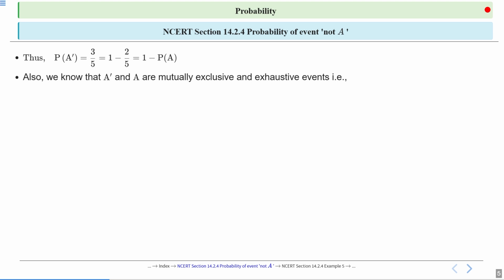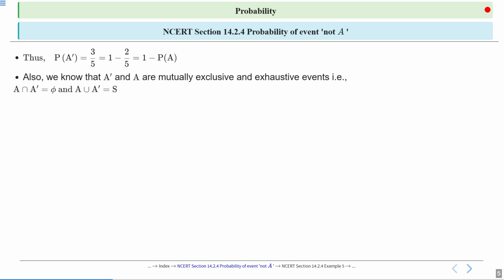Clear? And if we take union of A complement and A, then we will get sample space S. So A union A complement is equal to sample space S. So A complement and A are also exhaustive events. So A complement and A are mutually exclusive events and also exhaustive events.